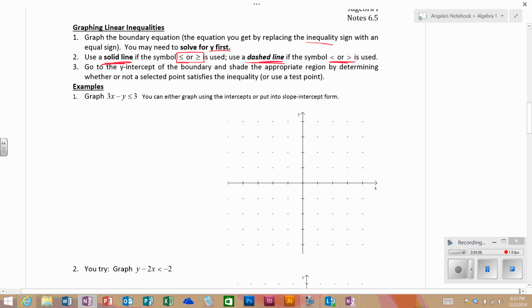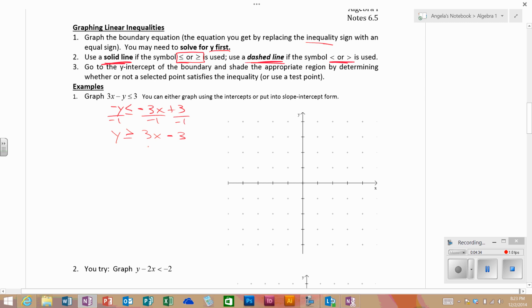So let's try one. So we can either graph the intercepts or put it in slope-intercept form. I'm going to put it in slope-intercept form first. I'm going to move the 3x over and then divide by -1. Now here's the trick. When we divide by -1, anytime I divide by a negative number, I need to flip the sign on an inequality, okay?